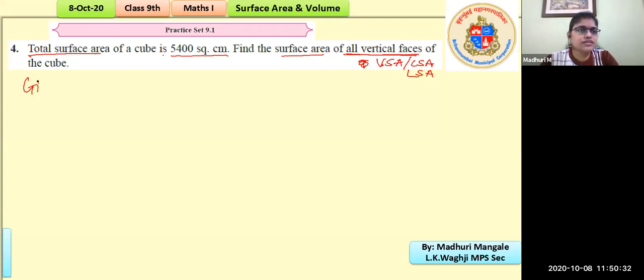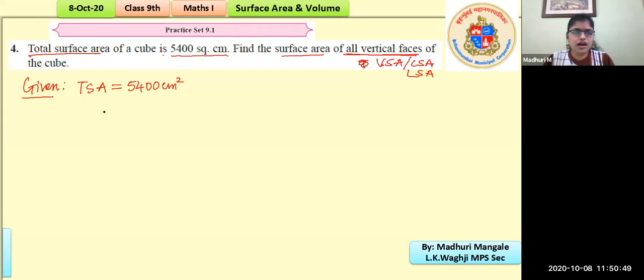So we start with given. What is given? It is given that total surface area equals 5,400 centimeters squared, and we are asked to find the surface area of all vertical faces.